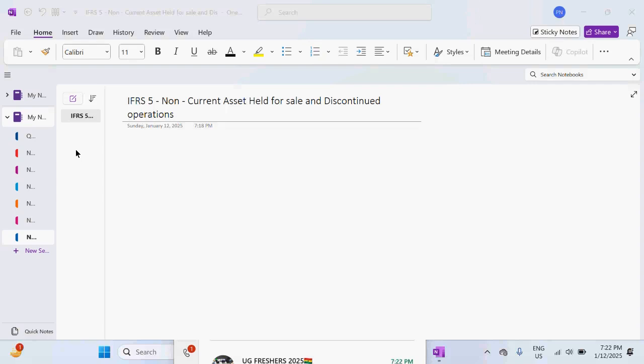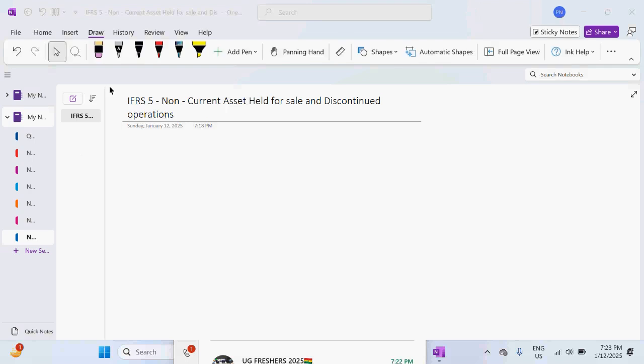So IFRS 5 deals with discontinued operations. This is where we classify non-current assets as held for sale.